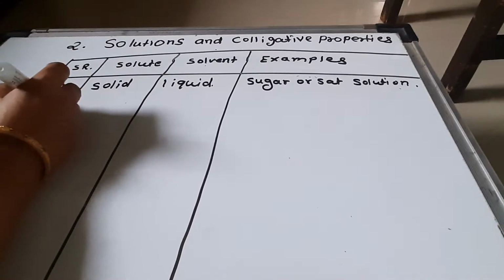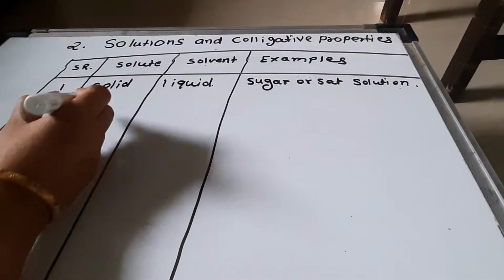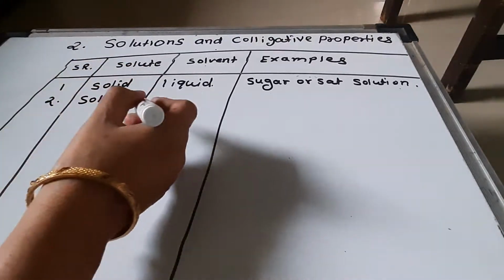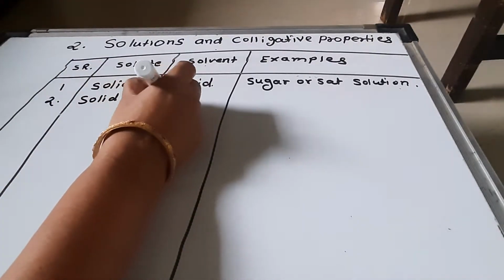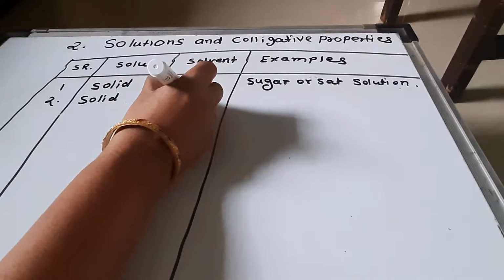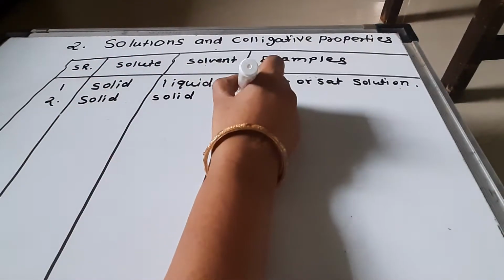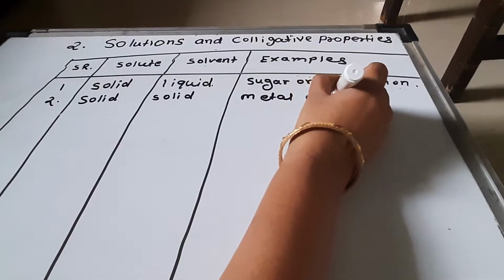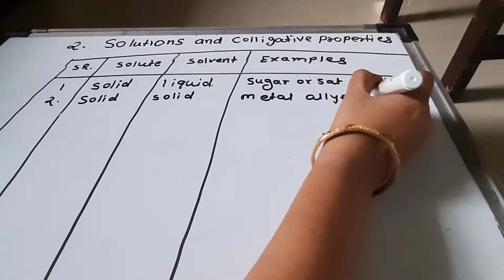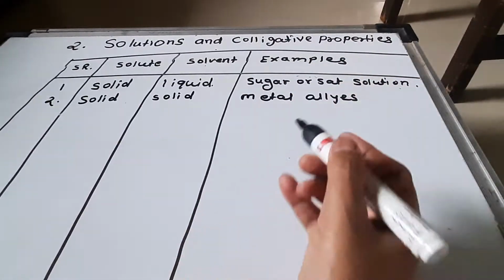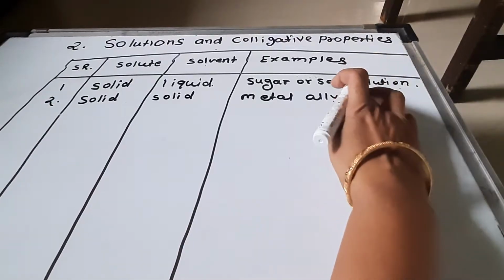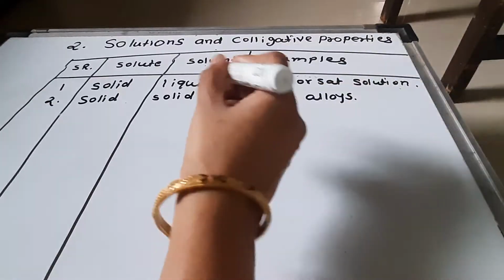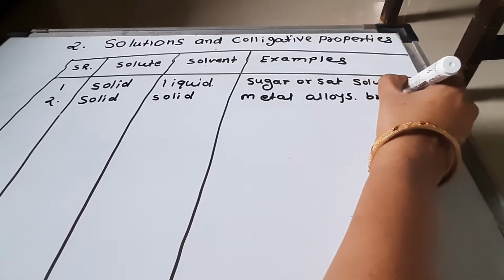Then second type of solution: solute is a solid and solvent is also a solid. Its examples are metal alloys, steel, brass, bronze. These are the examples of this type.